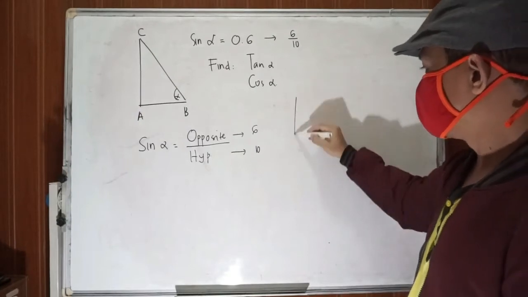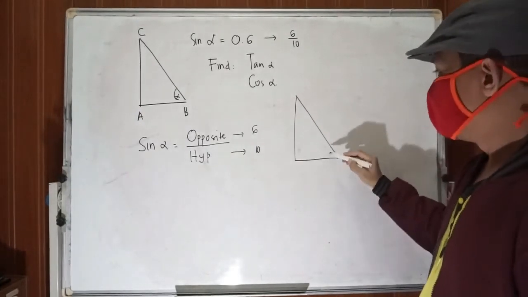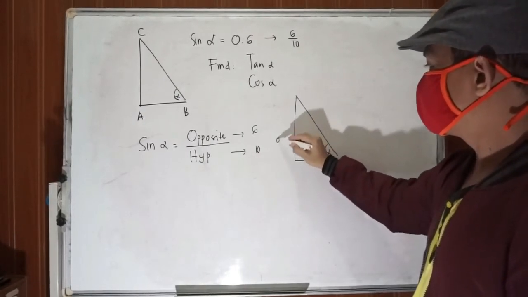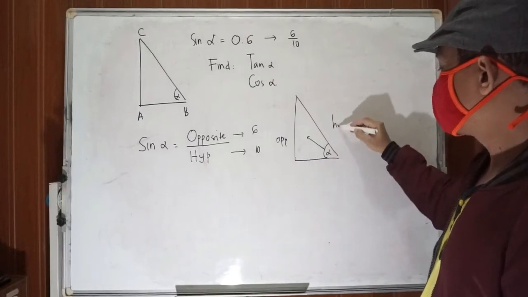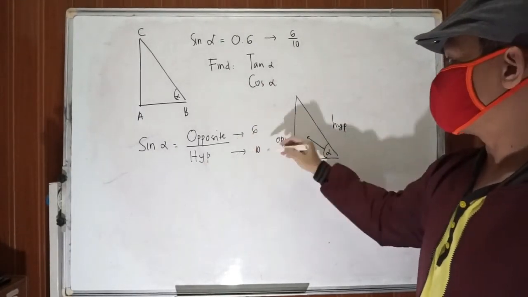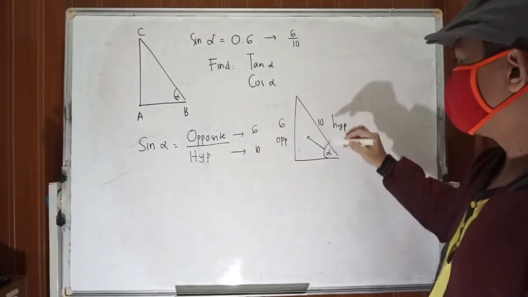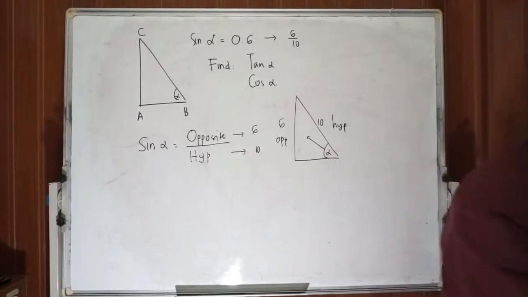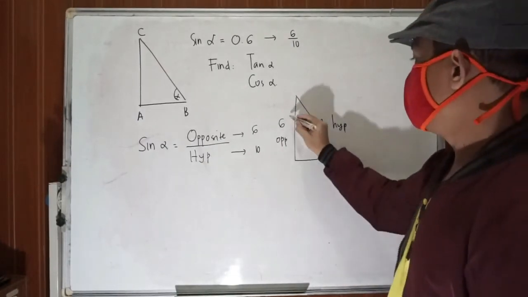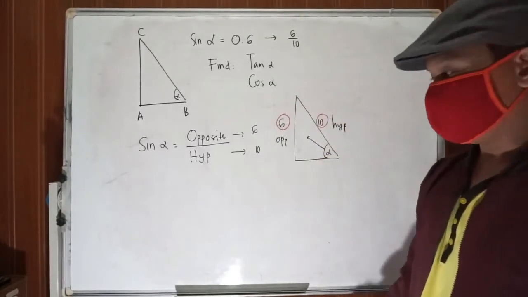So we can draw again on this whiteboard. Please give attention. This is alpha and this one is opposite, right? And this one is hypotenuse. So opposite is 6 and hypotenuse is 10, right? Once again, opposite is 6 and hypotenuse is 10.